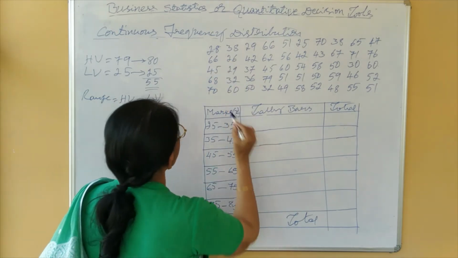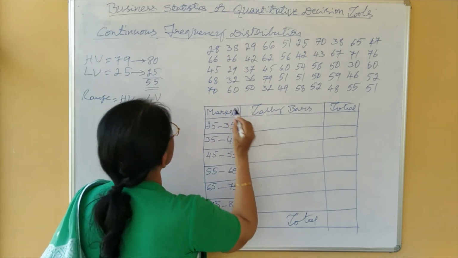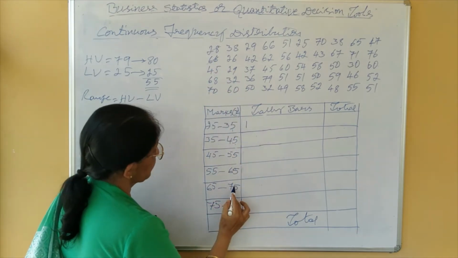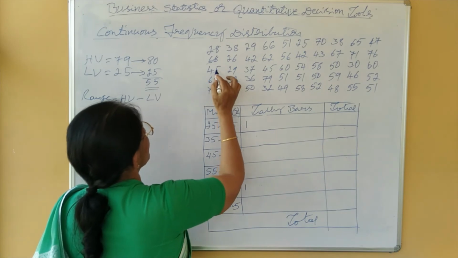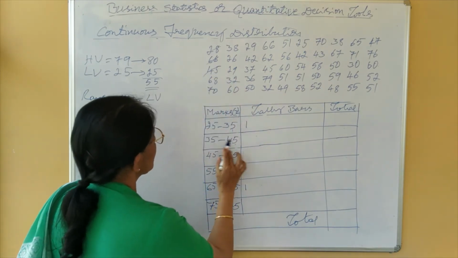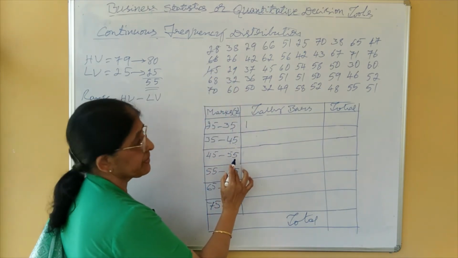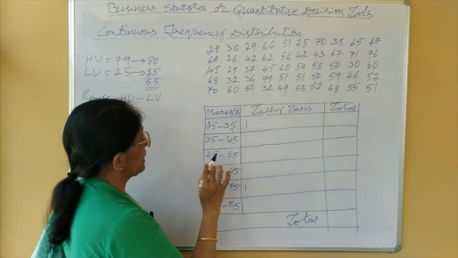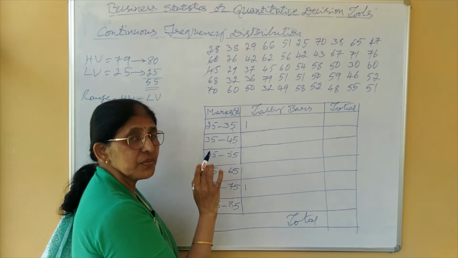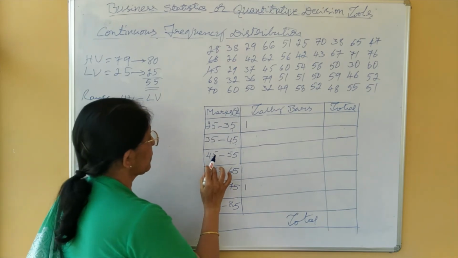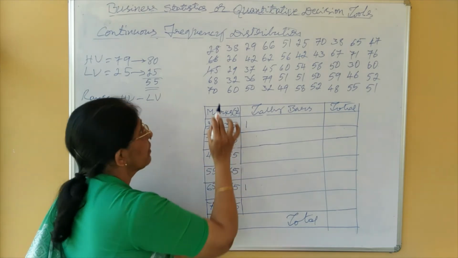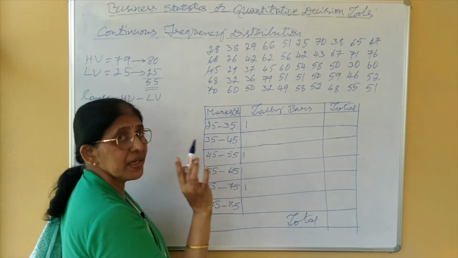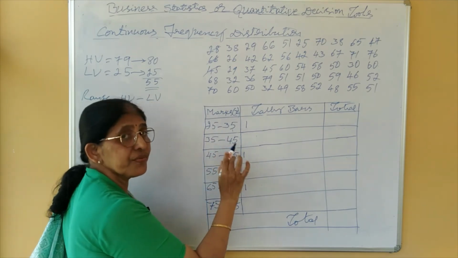Therefore, 28, 25 to 35. 66 lies in the class 65 to 75. 45, here 35 to 45, 45 to 55. It is the exclusive method. The upper limit is excluded. Only the lower limit is to be considered, included. Therefore, we have to take 45 in the class 45 to 55, not 35 to 45.